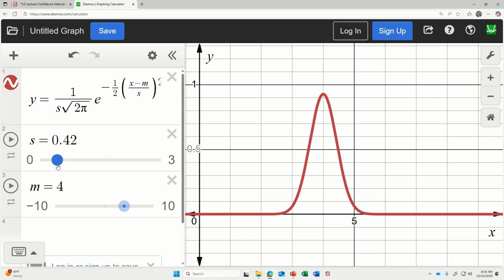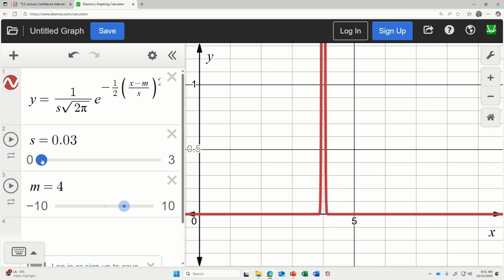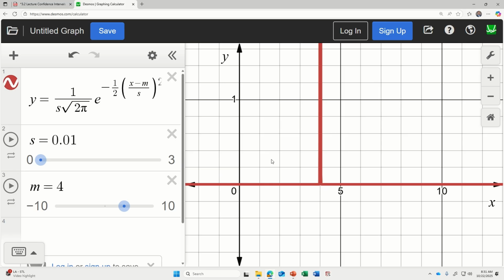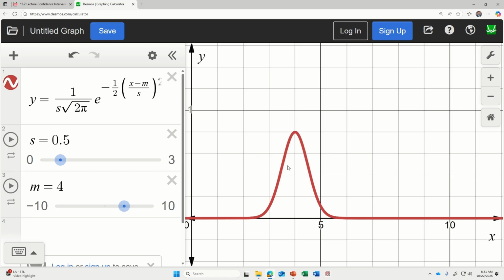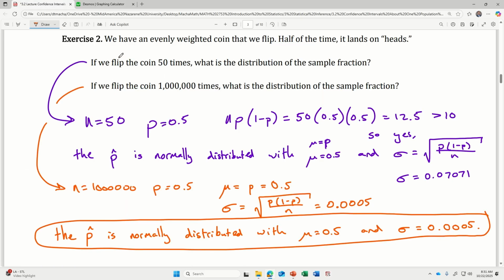So ideally, if we want an exact value for the population fraction, we want the standard deviation to be super duper small, like that. If you have a large standard deviation, then you've got a lot of uncertainty about where the parameter is. Okay, does that make sense?